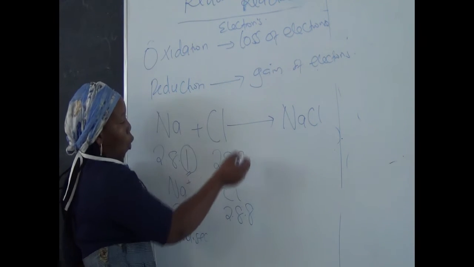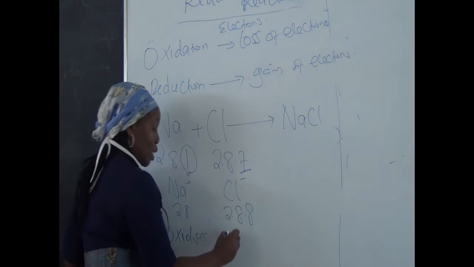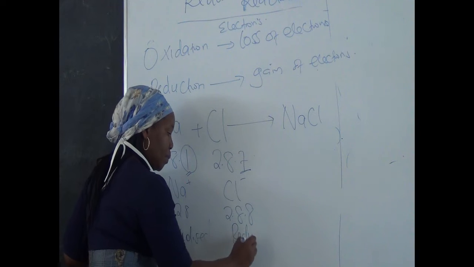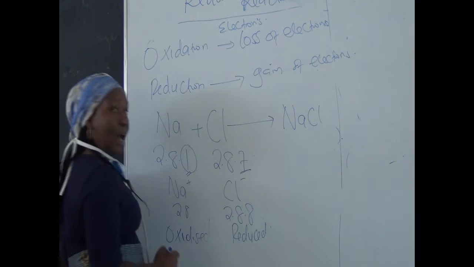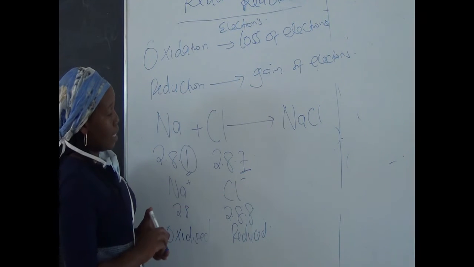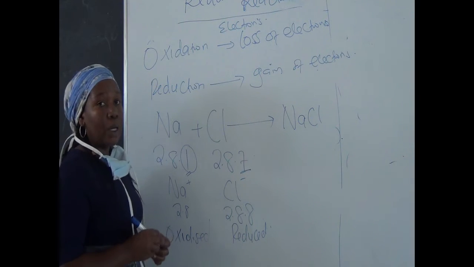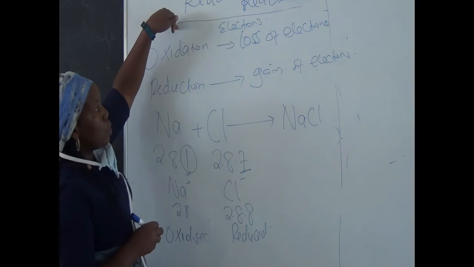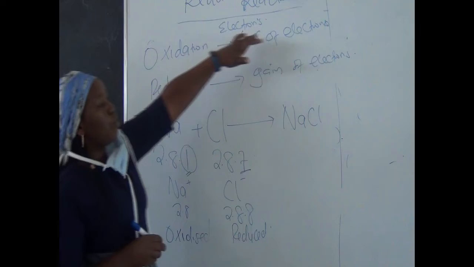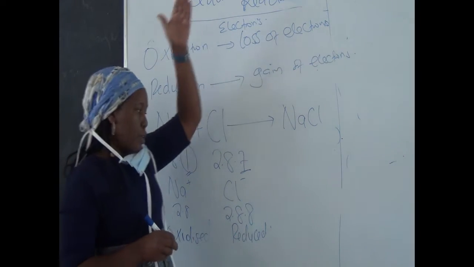Whereas when chlorine accepts that one electron, we say that it has been reduced, or it has undergone reduction. That is how we define oxidation and reduction in terms of electrons. Oxidation is loss of electrons, whereas reduction is the gain of electrons.